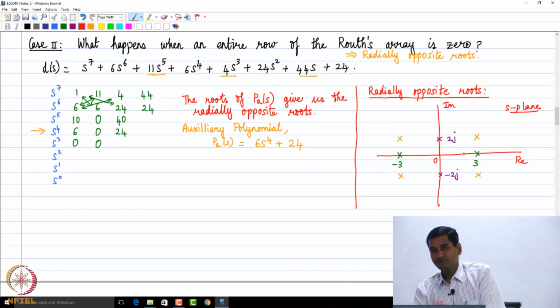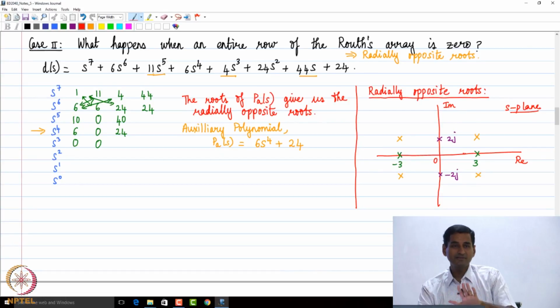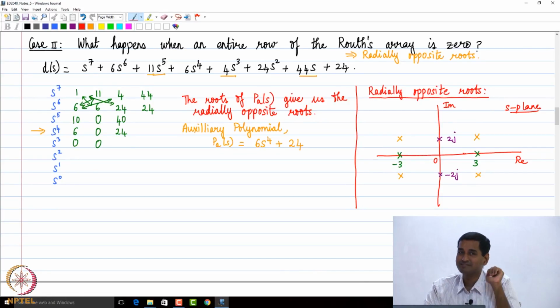Anyway, we will come to that. As I told you, we are first interested in location, and then we will double check. So that is the general result. If the entire row of the Routh array is 0, you look at the previous row, extract the coefficients from that, and form the auxiliary polynomial.